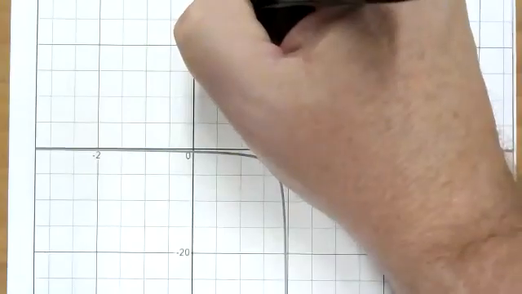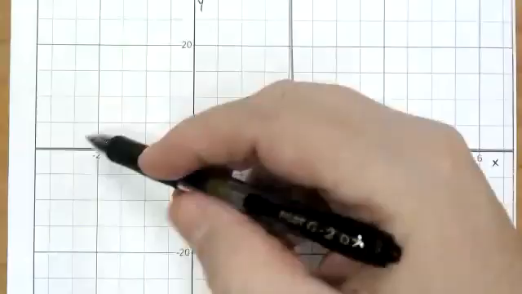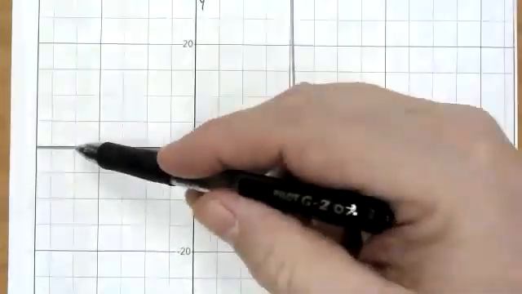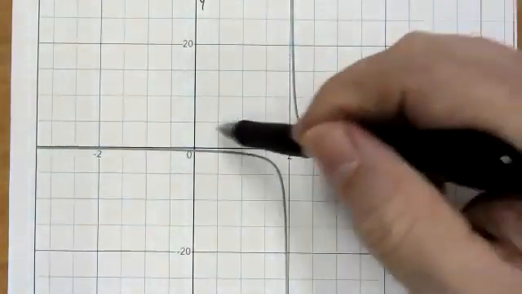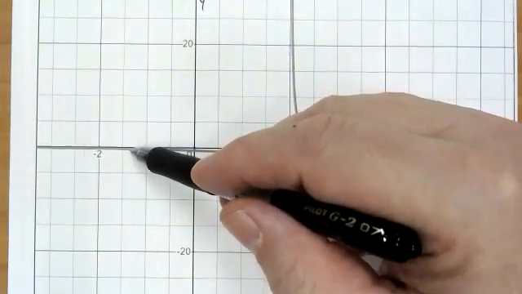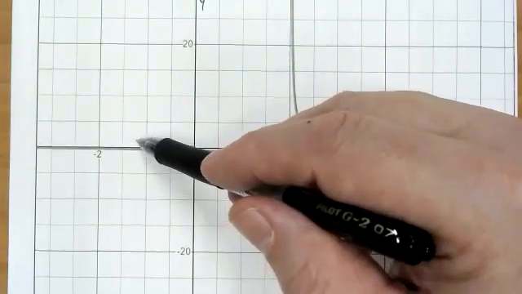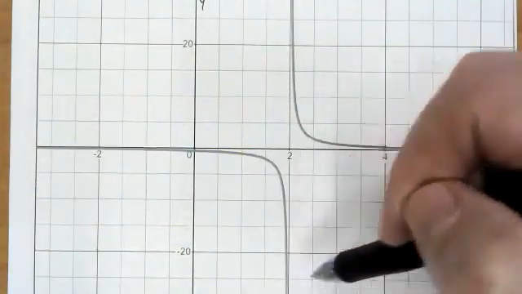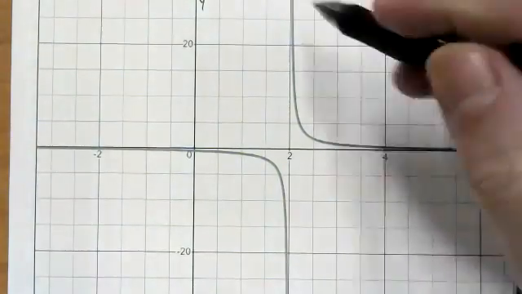So here's my y-axis, here's the x-axis. Now you notice, we've talked about this before, I didn't draw them on here, but it looks like there's probably an asymptote here at y equals 0. So this graph never actually crosses the x-axis here, and it never crosses the x-axis here.